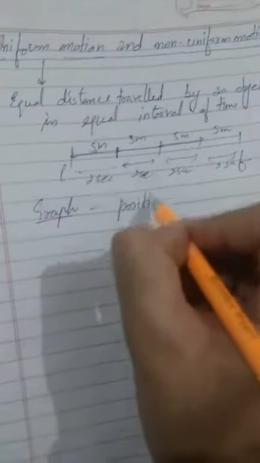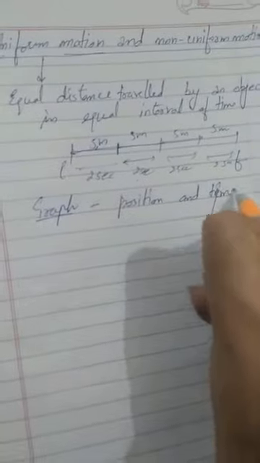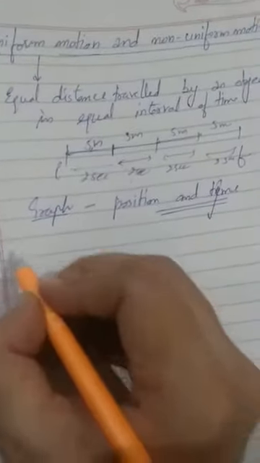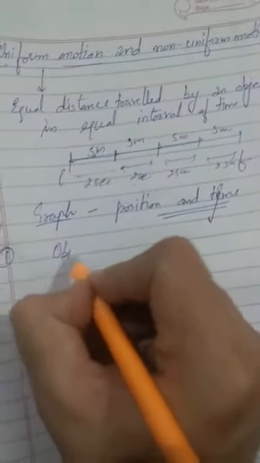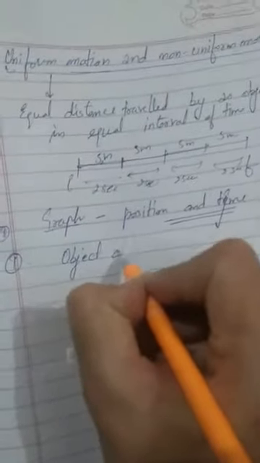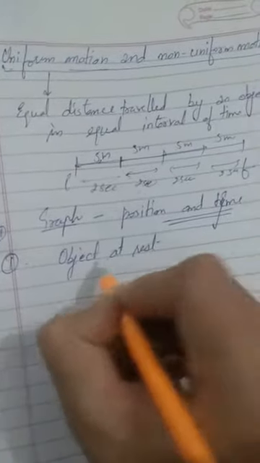Now if we take the graph between position and time. First, object at rest. Object at rest means we take position along x and time t.